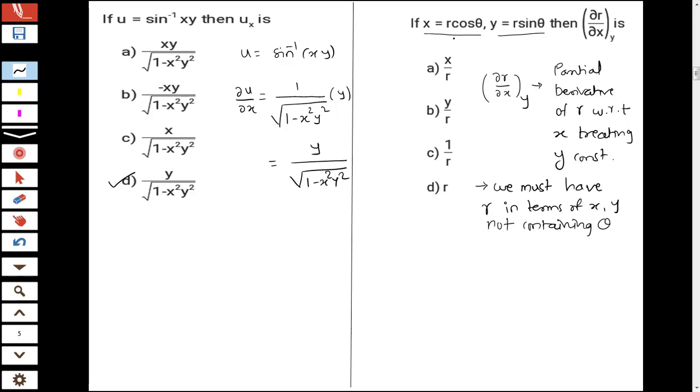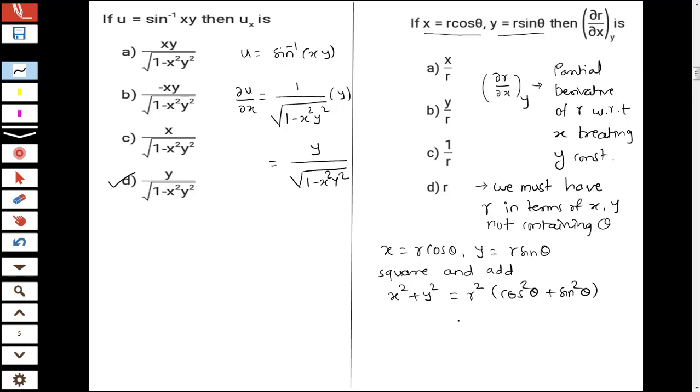So it is simple, the relation between Cartesian and polar. So if we do the square and add, means x is equal to r cos theta, y is equal to r sin theta. Simply square and add these two equations. So we'll have that x square plus y square is equal to r square into cos square theta plus sin square theta.